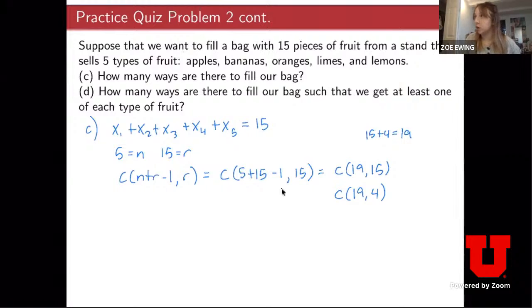Our formula is always going to be n factorial over r factorial times n minus r factorial. So in both of these cases, we'll end up having 19 factorial over 15 factorial 4 factorial. It doesn't matter which one, it'll still have the same formula. Okay, I'm going to erase some of this and move some of it.